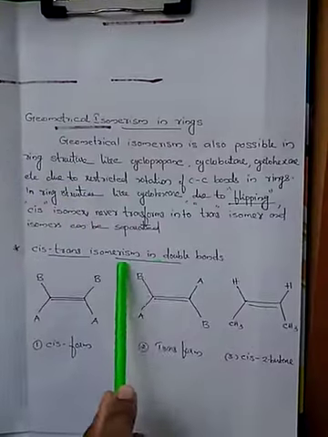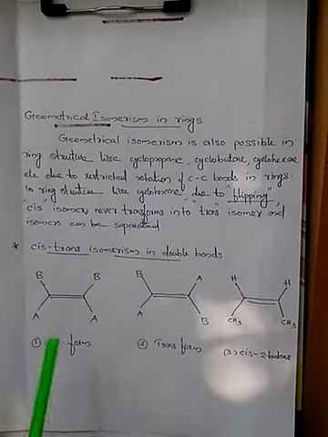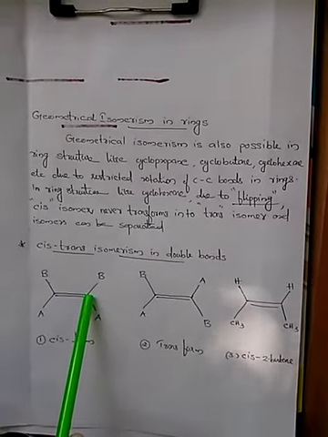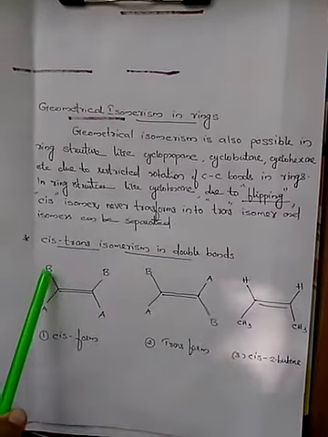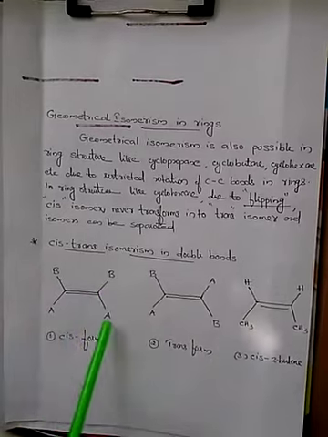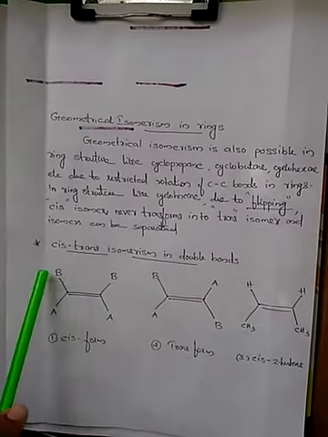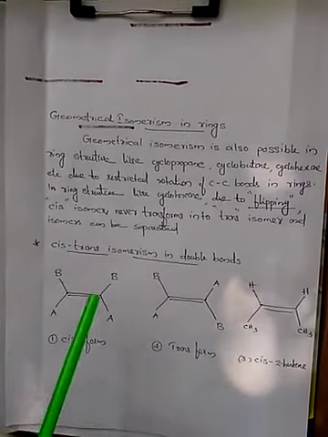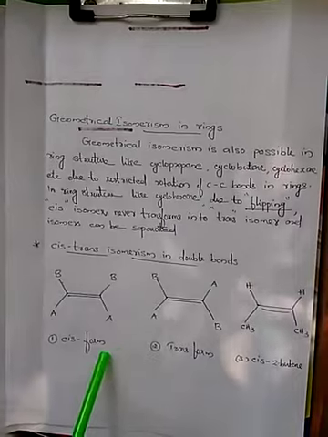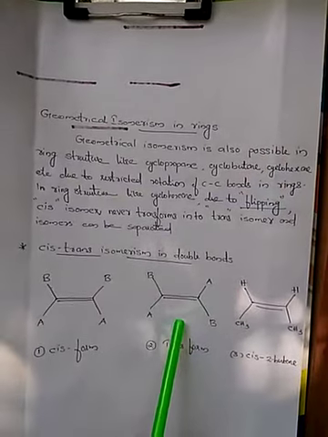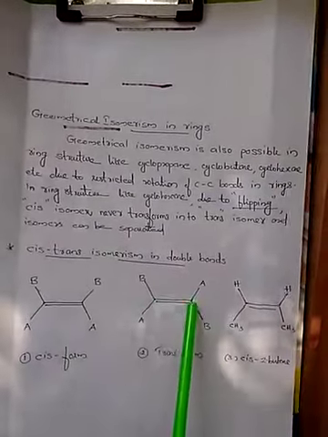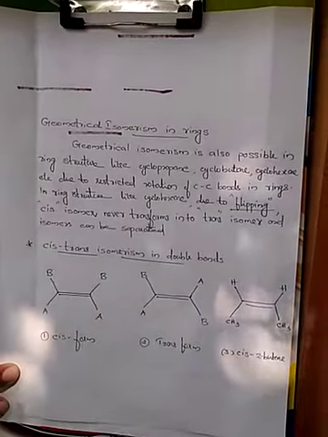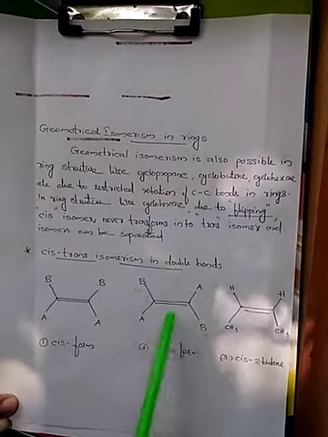Then, cis-trans isomerism in double bonds. You look at this. Here, there are two carbon atoms, C1 and C2. On these carbon atoms, B, B are the same groups and A, A are the same groups, situated on the same side. So it is known as the cis form. Then you look at the trans form. Here, at carbon atoms C1 and C2, the same groups A, A and B, B are situated in opposite directions.